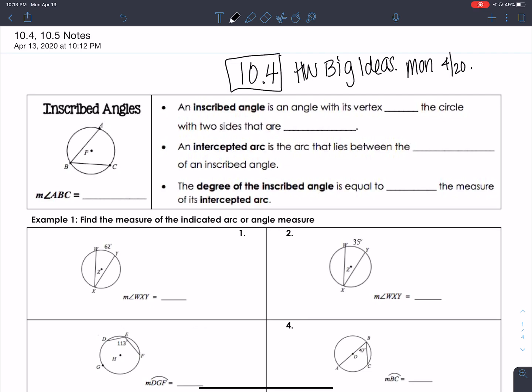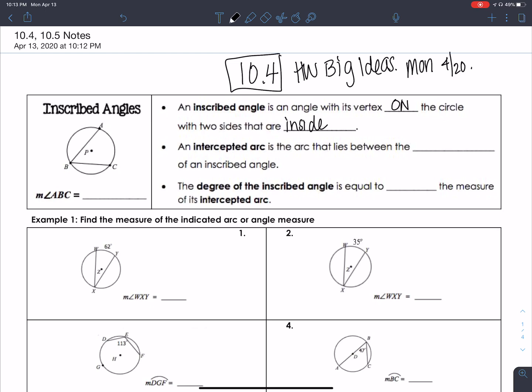Okay, so an inscribed angle is an angle with its vertex on the circle, with two sides that are inside.